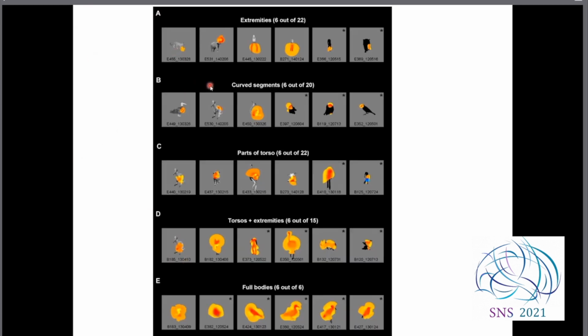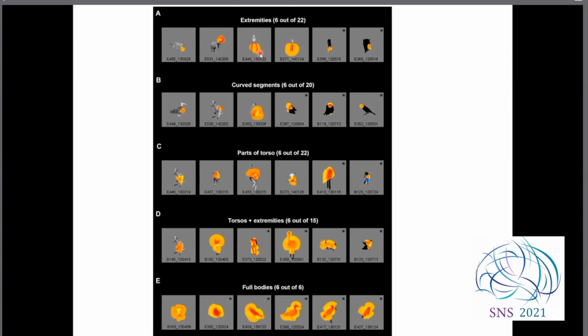These are some of the data we obtained. Colored here in orange and red are the features that were driving the response of the neurons, according to the Bubbles technique. For instance, here it was a part of a leg, the trunk of an elephant. Interestingly, this was a cell that responds pretty well to this object here, which is obviously not a body, but it has some limbs, some extremities.